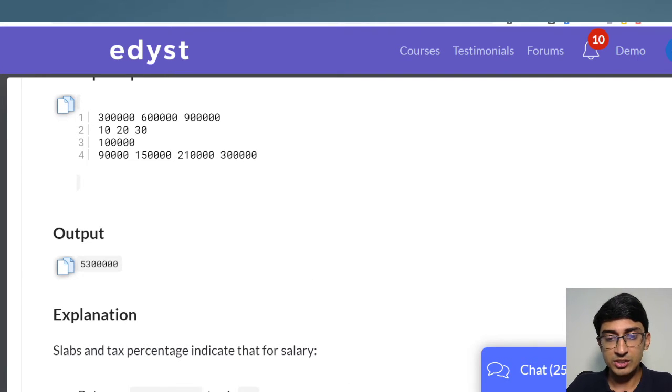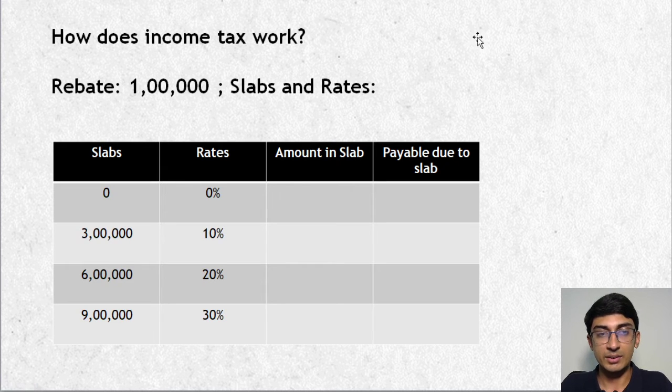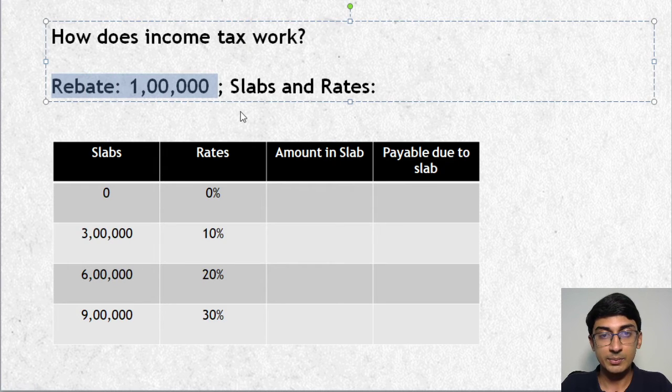All right. So let's just look at how income tax is calculated even in the first place. Again, just a summary, what we have covered so far is we are given the tax slab, the rates of each slab, the rebate and tax paid by each employee. How does income tax get calculated? Okay. There is something called a rebate. A rebate is just before we are going to take your salary, give the tax.